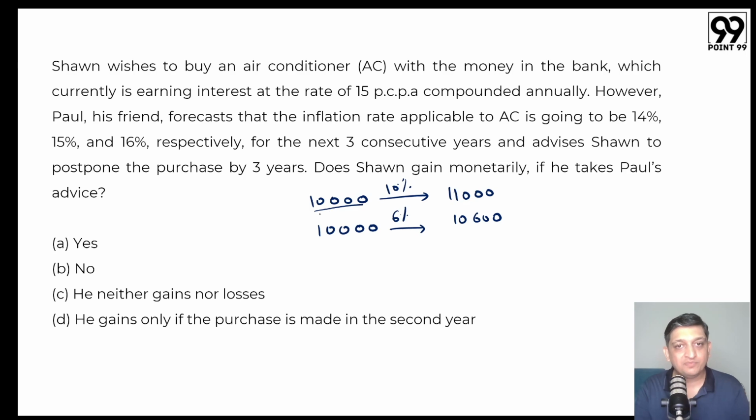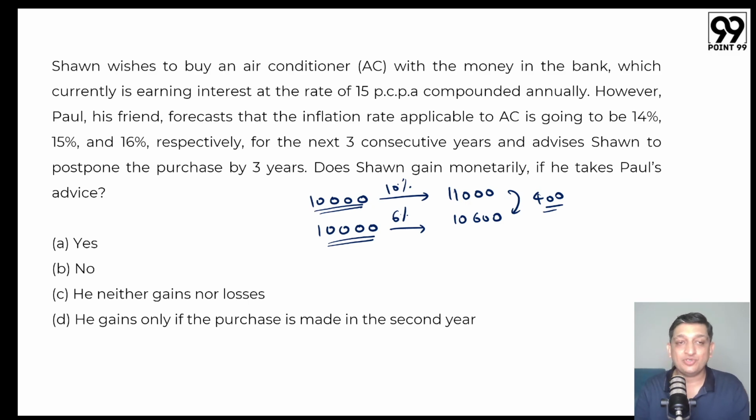So now if you spend your entire money on buying this phone, then you are not left with anything. But if you make the decision of purchasing the phone 1 year later, you will still be left with 400 rupees in your pocket in spite of buying the same phone. So that's why Paul is advising Sean to defer his purchase.